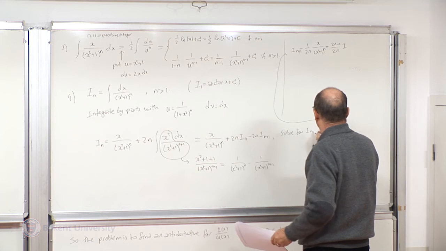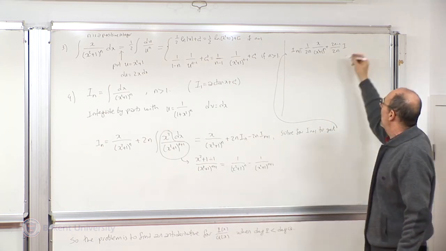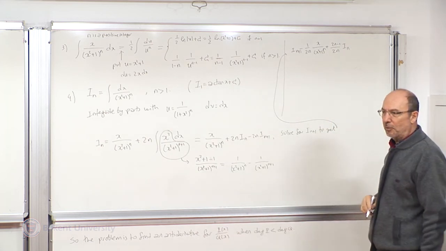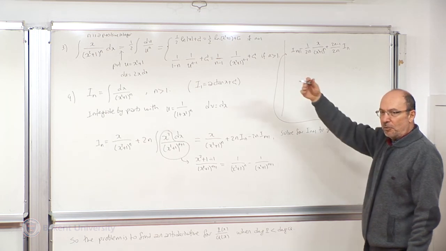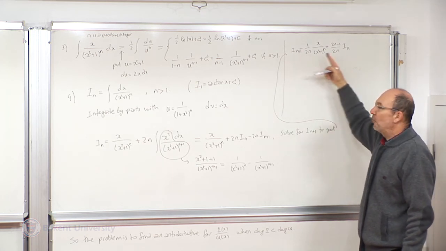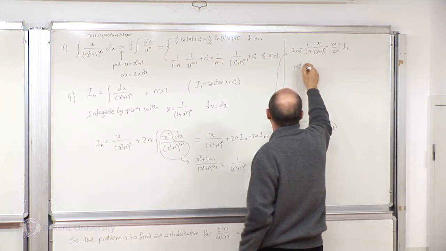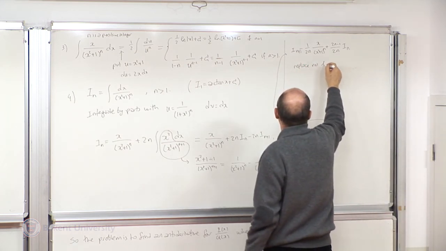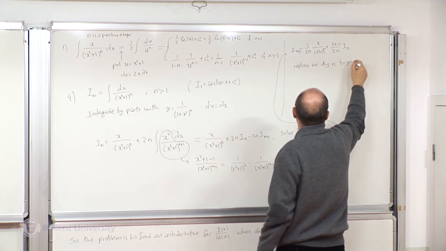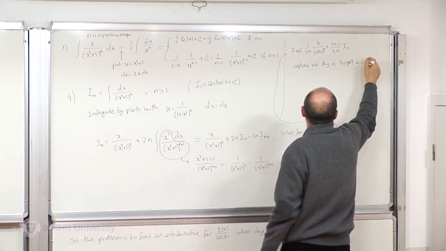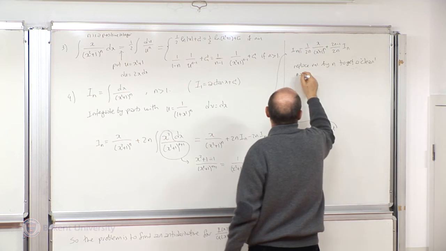Okay, solve for I_(n+1). So the larger one, we managed to write in terms of the smaller one. Just replace n plus 1 by n to get a clean reduction formula.